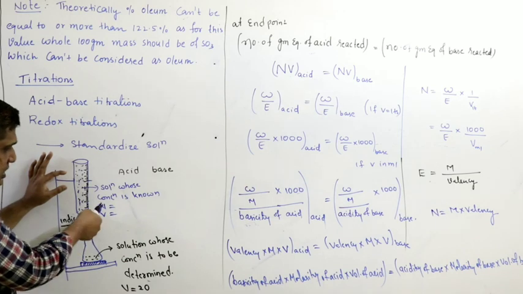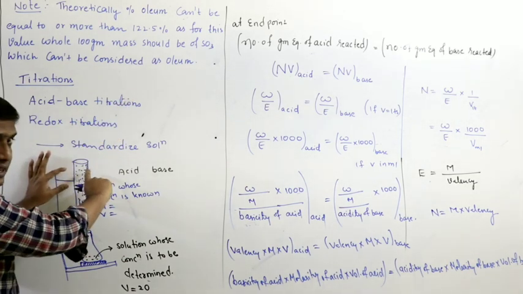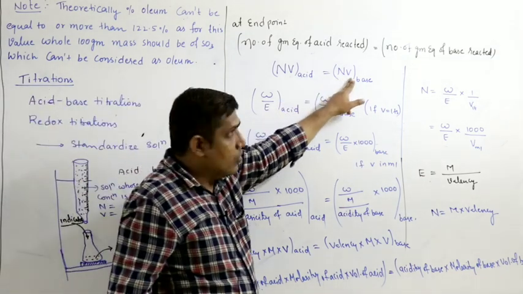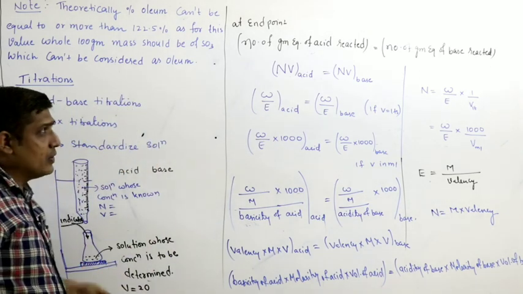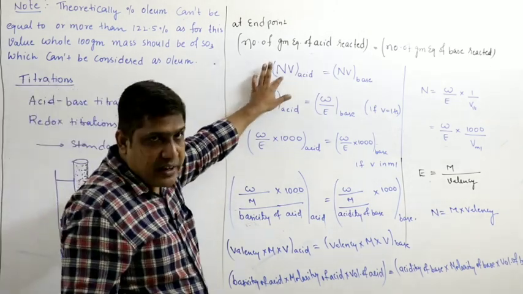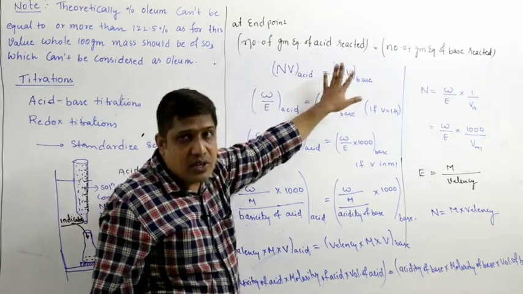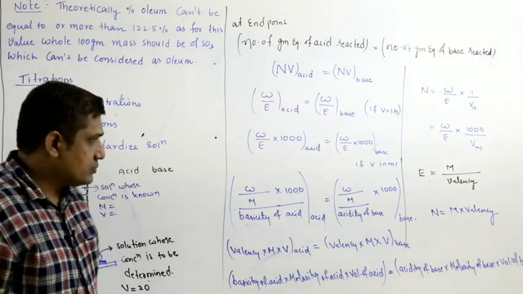When you open this nozzle, the volume of base will be run till end point, so you can see the volume of base from the burette reading. So you know normality and volume. Volume of acid taken will be given, some 10 ml, 20 ml. So the unknown is the normality of acid. Since you know N, V of base and V of acid, you can easily calculate the fourth one, or vice versa.